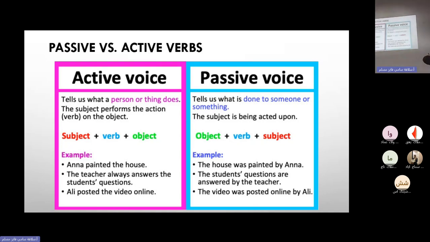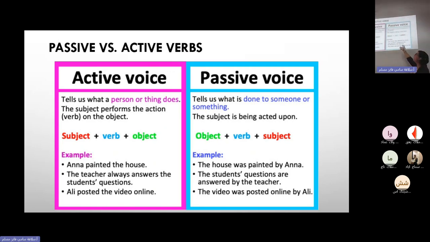The passive sentence, on the other hand, what is important in the passive voice? It's the action. It's not the subject. It's not important to know who did the action. What matters is the action.